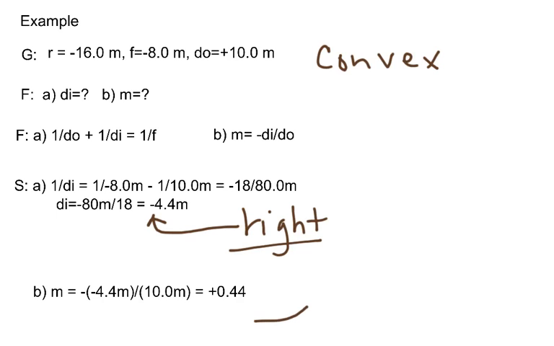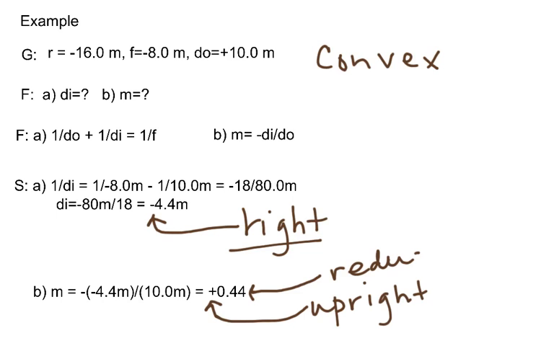So the plus tells us that our image is upright. And the fact that our magnification is less than 1 tells us that our image is reduced, actually reduced to less than half of the size. And just want to repeat that because my magnification is positive, my image is upright.